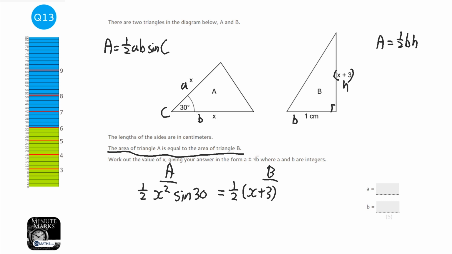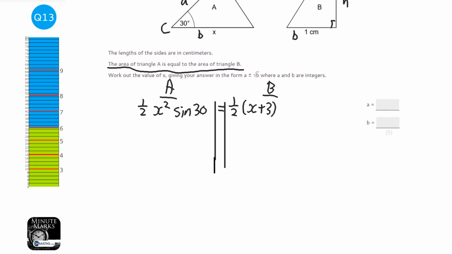Okay, cool, right. We're going to tidy this up a little bit before we start solving it. I'll need longer lines than that, so I'll just draw these down a little bit longer. Okay, you need to know that sine 30 is a half, and that's a requirement for the exam. So you need to know that that is just going to be a half without a calculator.